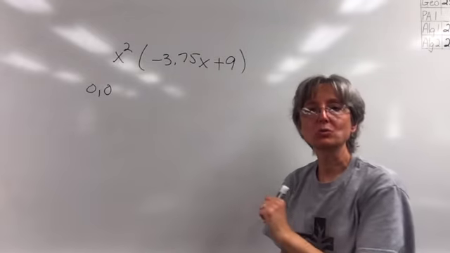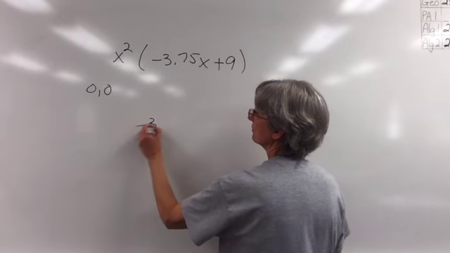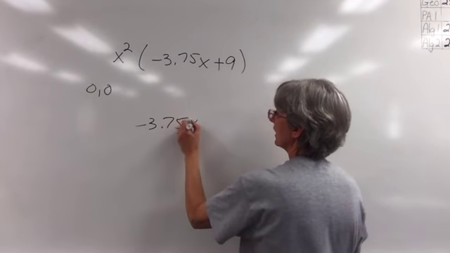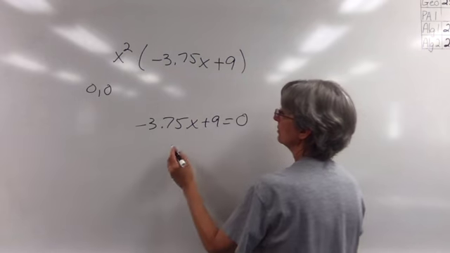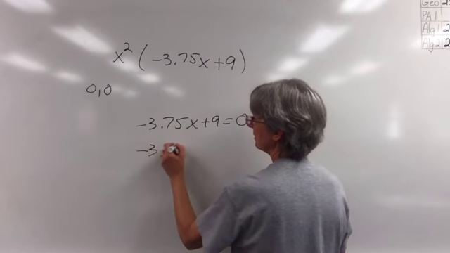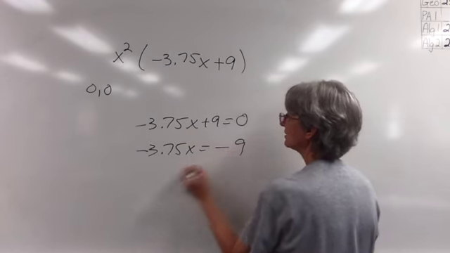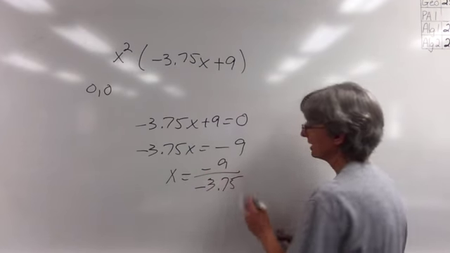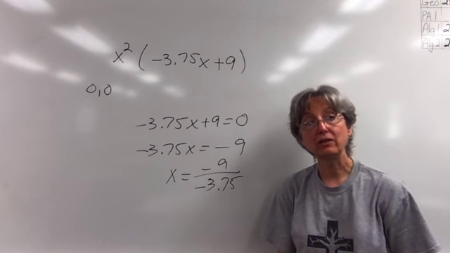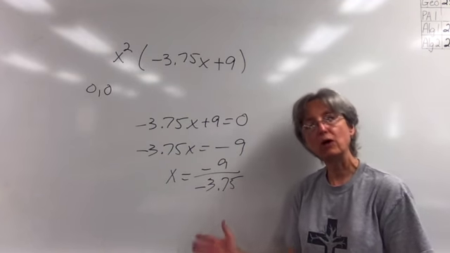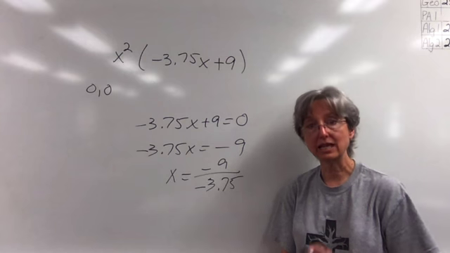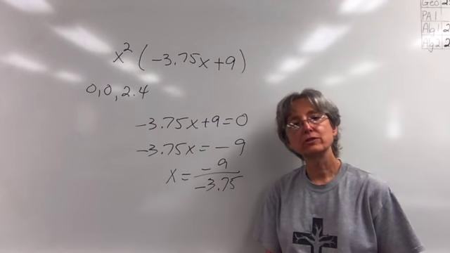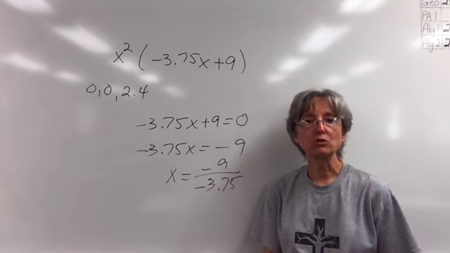To find this one, I set this equal to 0: negative 3.75x plus 9 equals 0, which means negative 3.75x equals negative 9, so x is negative 9 over negative 3.75, and use your calculator to see about where that is on the x-axis. So my other zero is at about positive 2.4.